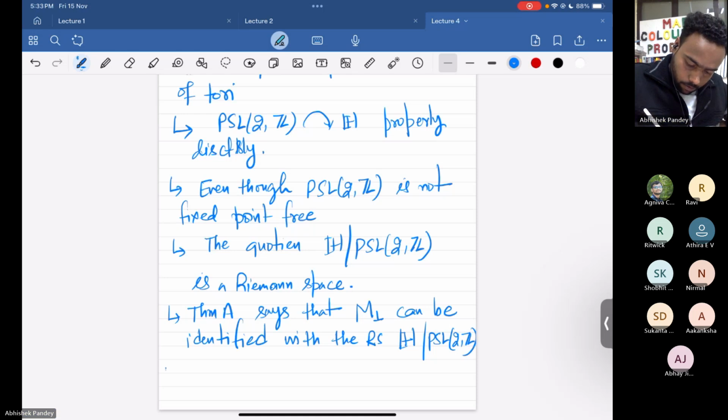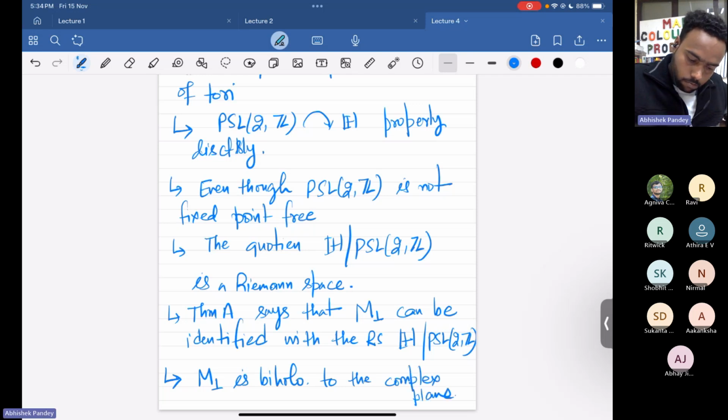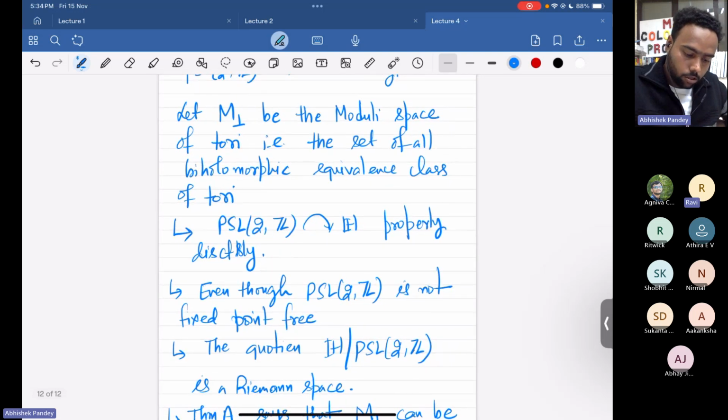And further analysis on this one shows that basically the modular space of torus is biholomorphic to the complex plane. What is M1? M1 is the modular space of torus, means the set of all biholomorphic equivalence classes of tori.